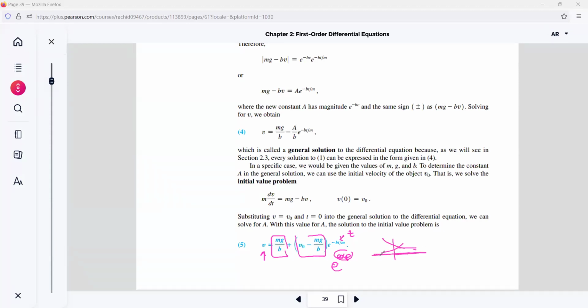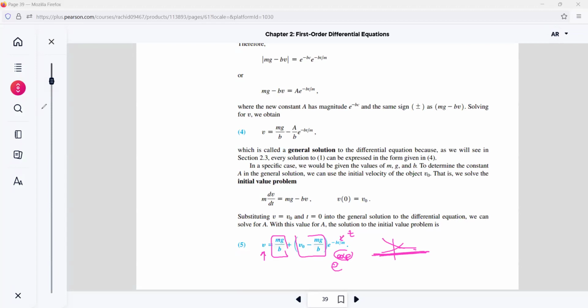It has an asymptote. So if we try to figure out what the asymptote is here, it will be this mg over b. Whatever happens, the velocity will be driven to this value of mg over b. So just keep that in mind when we look at the profile.